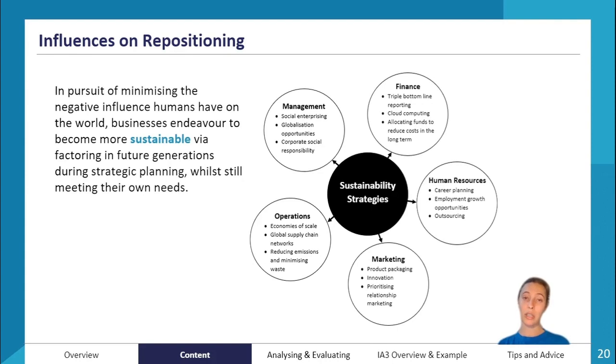So there's actually different layers of sustainability. Environment is definitely one of them, but you've also got the social aspect of sustainability as well, and you've got other elements in there too.